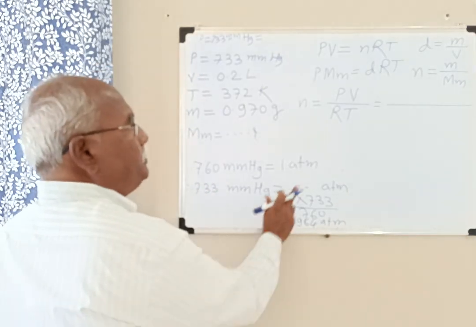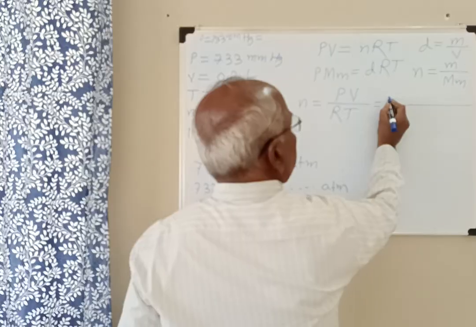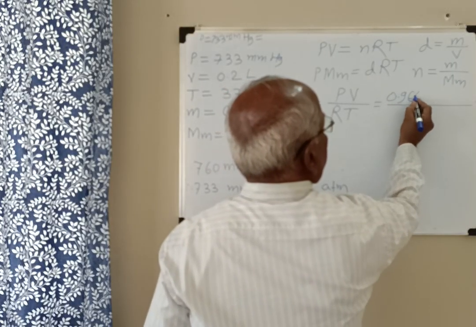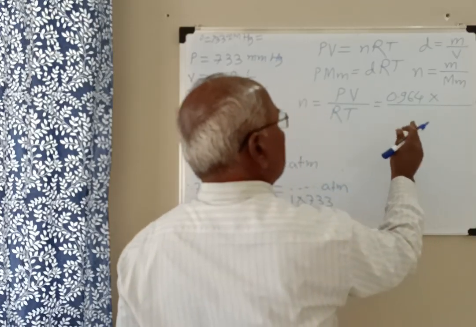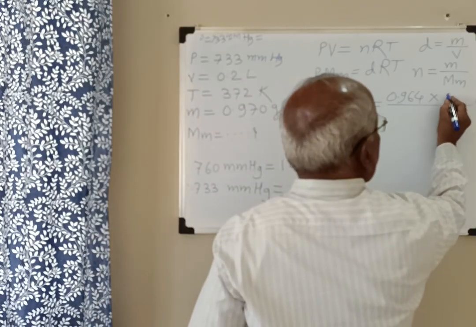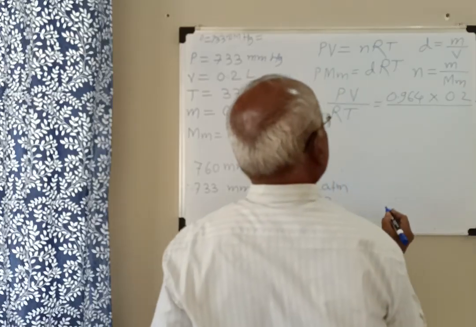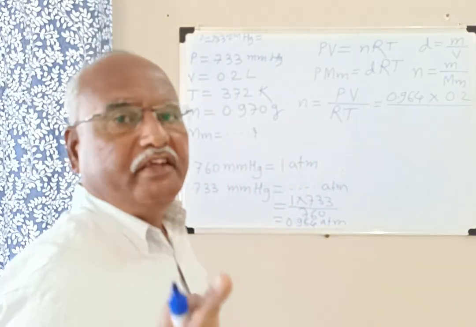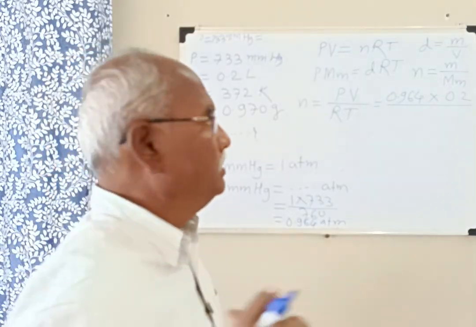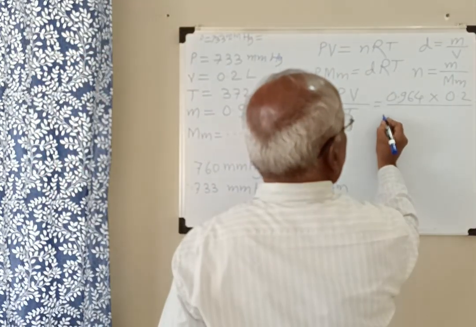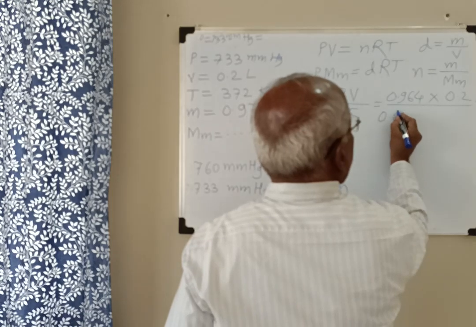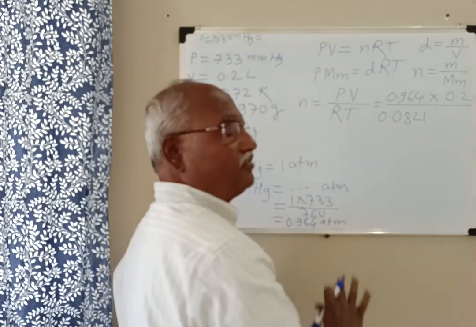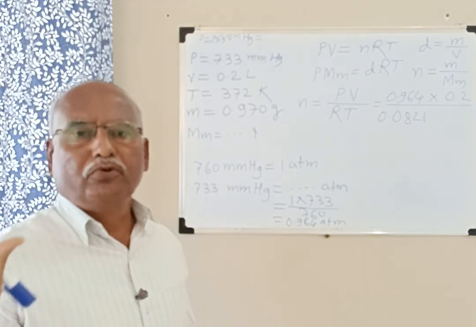Substitute the value of P in this equation. 0.964 into volume 0.2 divided by R. R is the gas constant. I here use R is equal to 0.0821. R is a constant and its value is known.